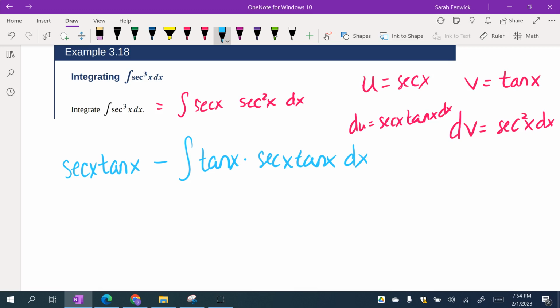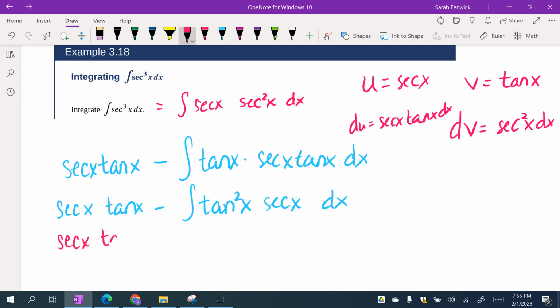So we have secant x tan x minus the integral of tan squared x secant x dx, which we're going to write as secant x tan x minus the integral of secant squared x minus 1 times secant x dx.